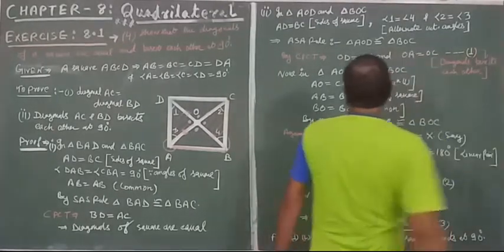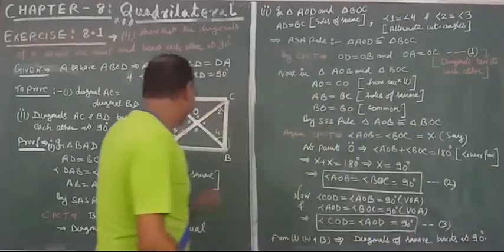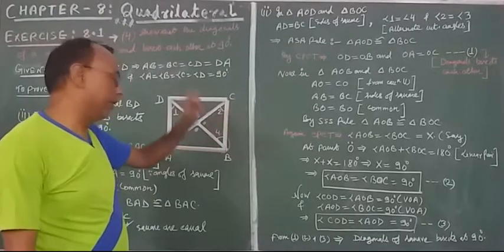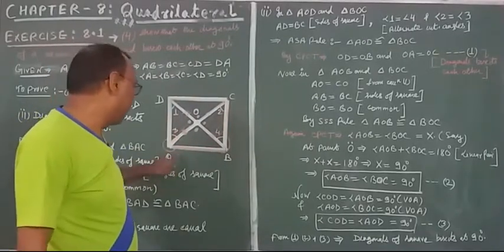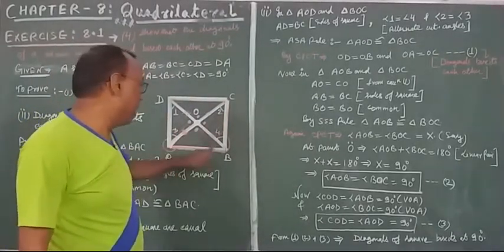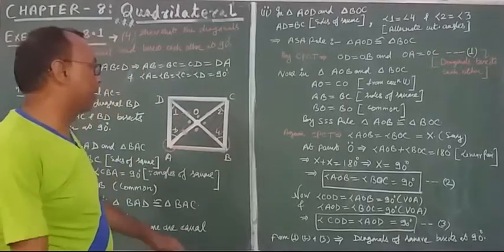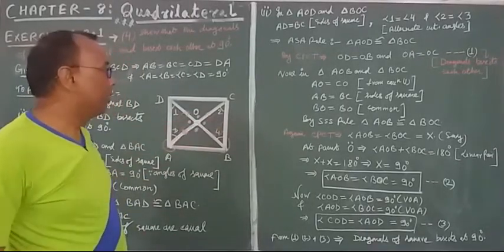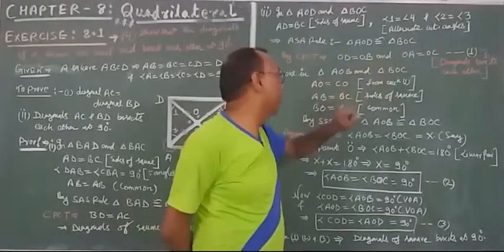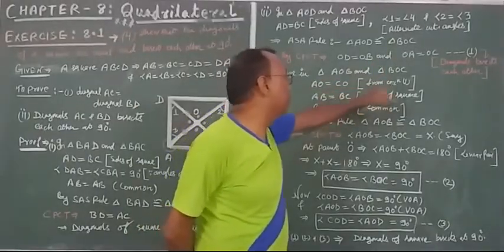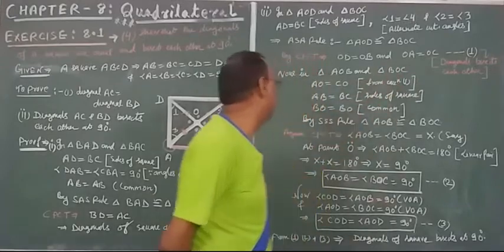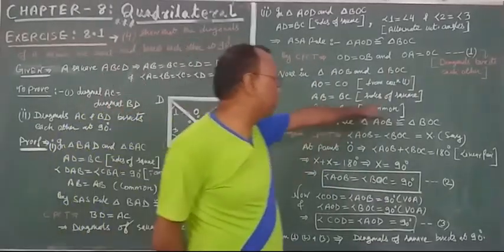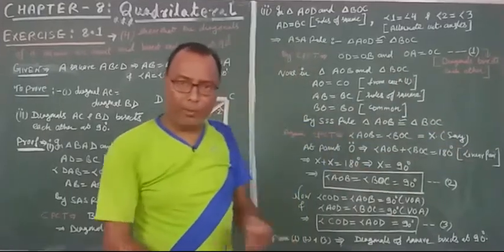Now again, in triangles AOB and BOC, what is there? AO is equal to CO, already proved in equation 1. AB is equal to BC, these are the sides of a square.